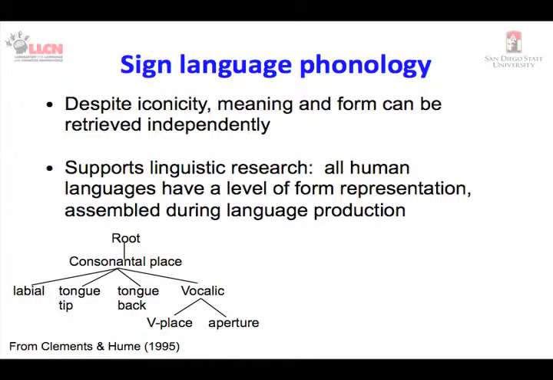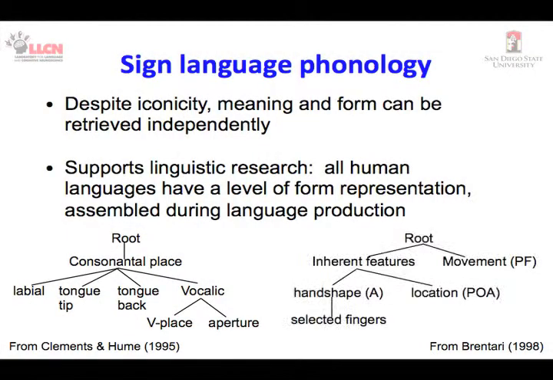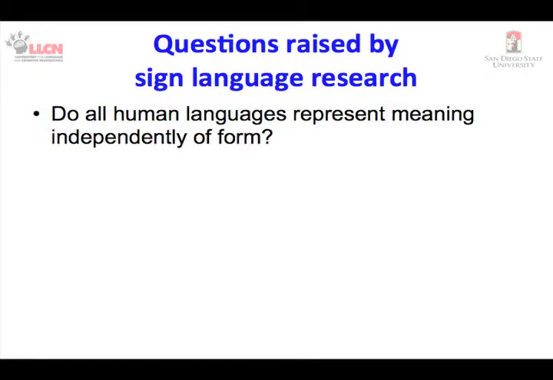But for sign language, you have similar structures, but it's based on manual features, so hand configurations, locations, and movements. But linguists are discovering that the constraints, the nature of these forms are very parallel between the two. So we come back to my question, do all human languages represent meaning and form independently? And the answer is yes.